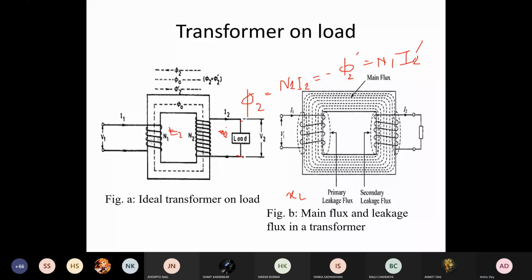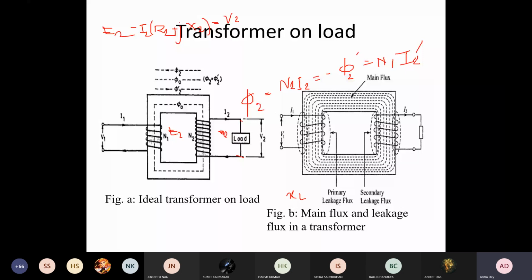E2 minus I2 (R2 plus jX2) is equal to your V2, right? So V2 plus all those things will give you your E2. Sorry, I don't have an annotation pen today, so my handwriting is going bad.